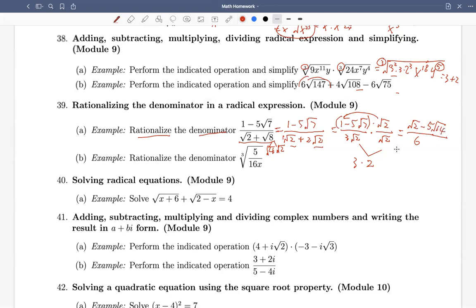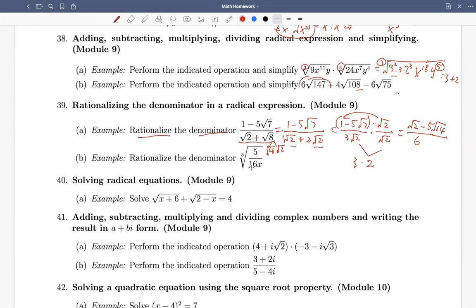So now the denominator is rationalized. The denominator has an integer. Okay, so this is our final answer. The numerator is square root 2 minus 5 square root 14, divided by 6.